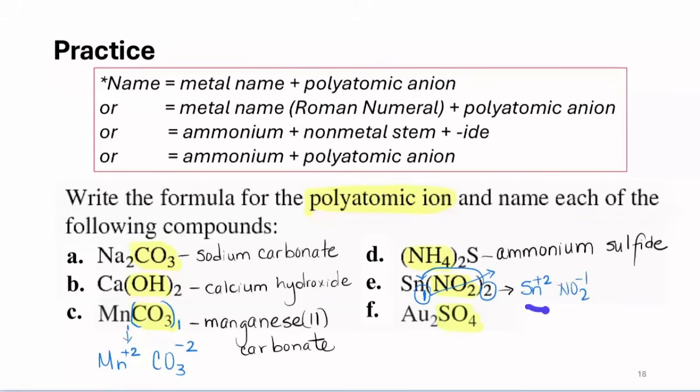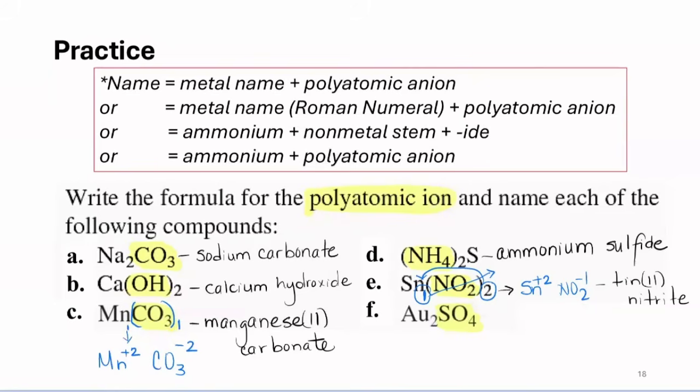By recombining these two, I obtain this chemical formula. So that means that these are the correct charges for each of the ions. And additionally, if I go to my table of polyatomic ions, nitrite, which is NO2, is -1. So the name of this compound is going to be tin Roman numeral 2 nitrite.